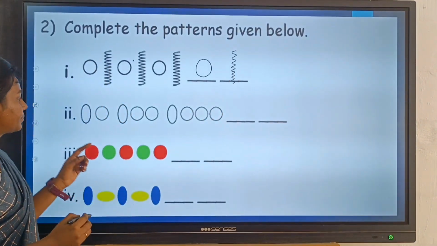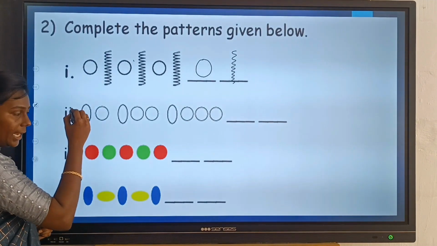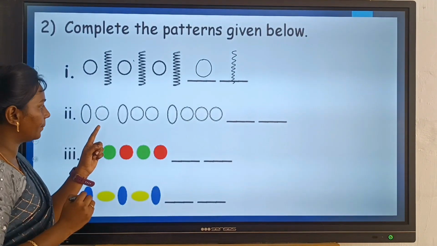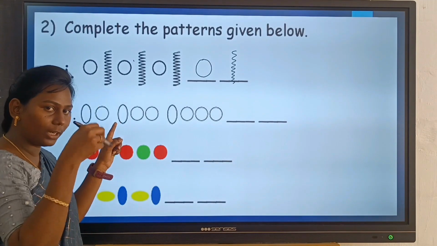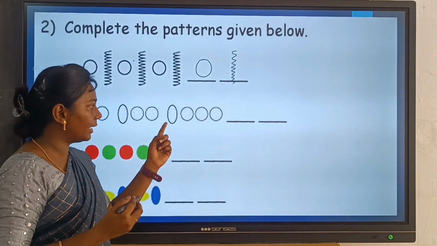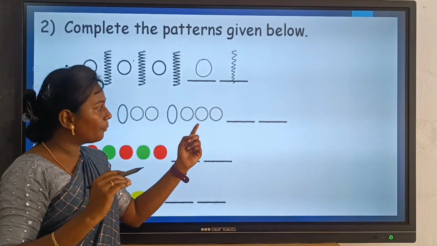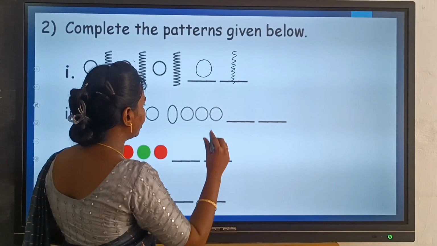Okay, next. See the second one. Here, one oval shape and one circle shape. And the next one oval shape and two circle shapes. The next one oval shape and three circle shapes. What comes next? Very good.